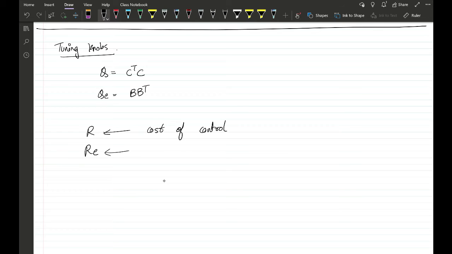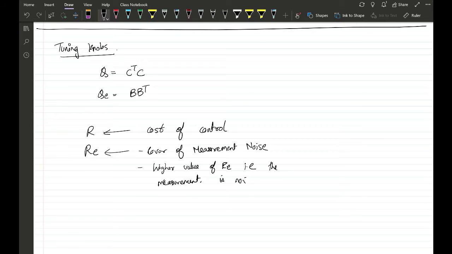It's usually used as a tuning knob in the sense that if we have a higher value of RE, that would mean that the measurement is noisy and can't be trusted.